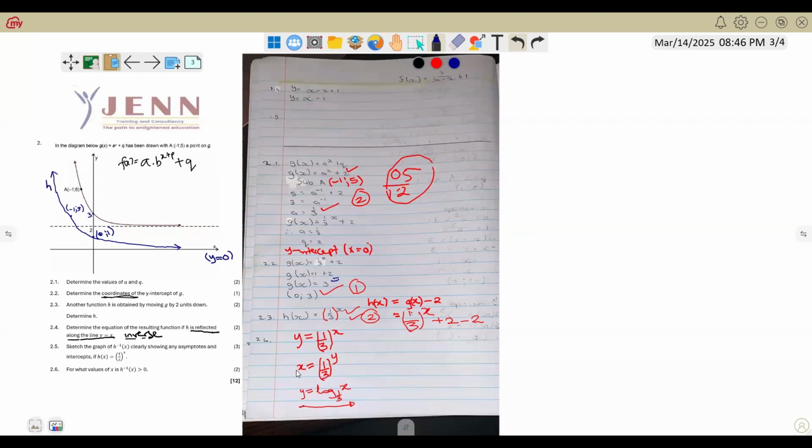Yes, sir. Using this one, which was your step number 1 of swapping x and y, it means our asymptote here, we were having y equal to 0.